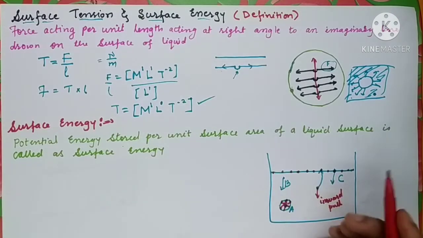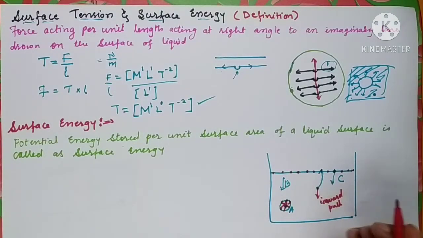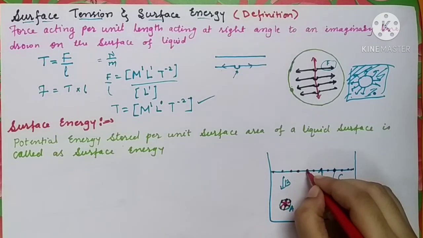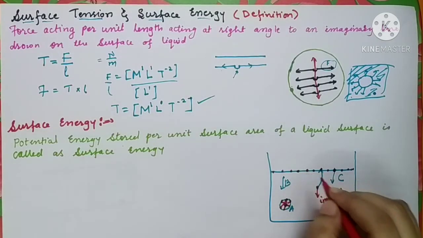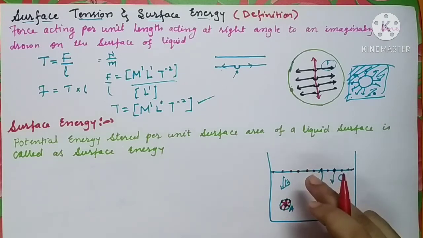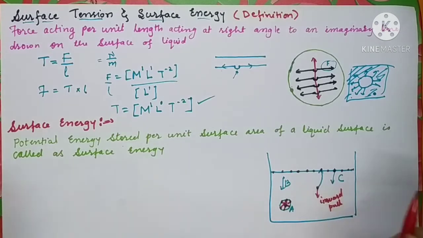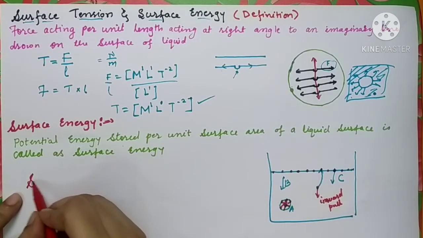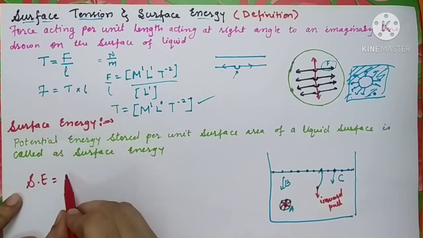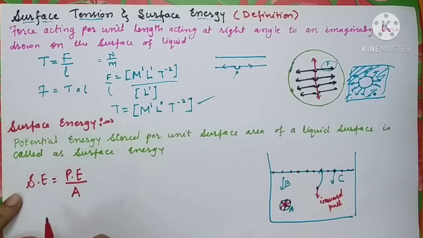So it is called surface energy. Potential energy will be stored in the form of work done. And why are we doing the work? Because to increase the surface area of a liquid, we have to do work against this inward pull. So surface energy has the formula potential energy stored per unit surface area.